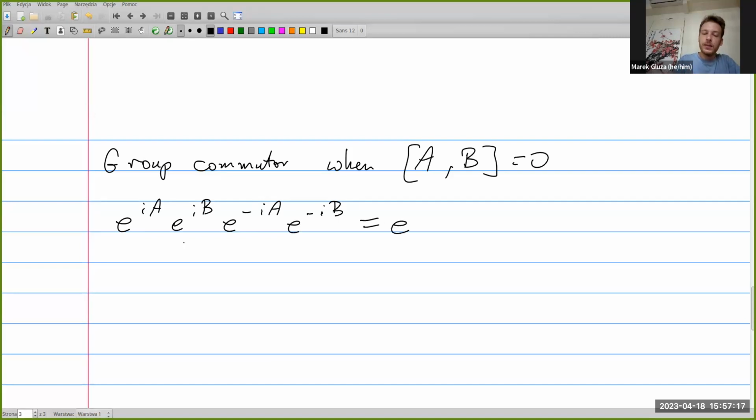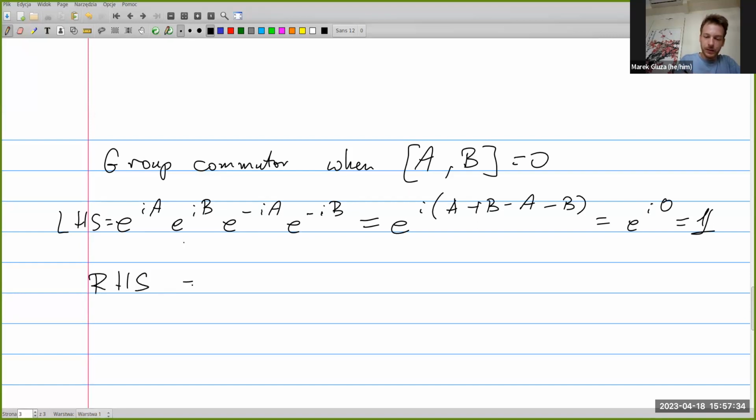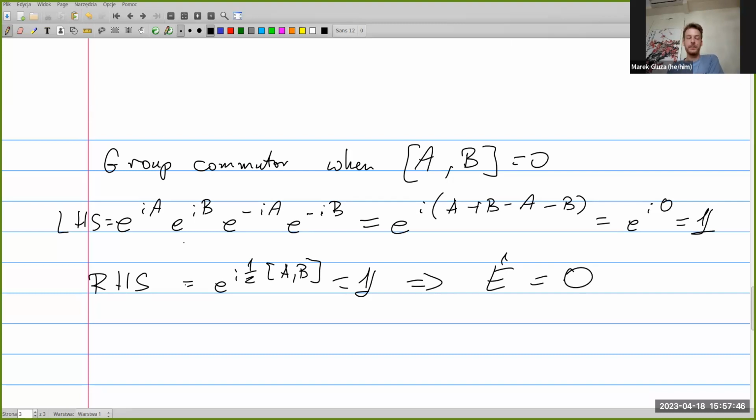And this, when everything commutes, is A plus B minus A minus B, which is e to I times 0, is the identity. So this is the left-hand side. And the right-hand side, we said it's I 1/2 commutator AB identity. So the error is 0 in this special case.